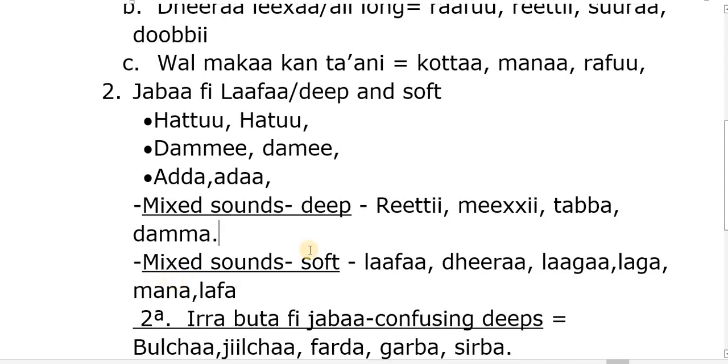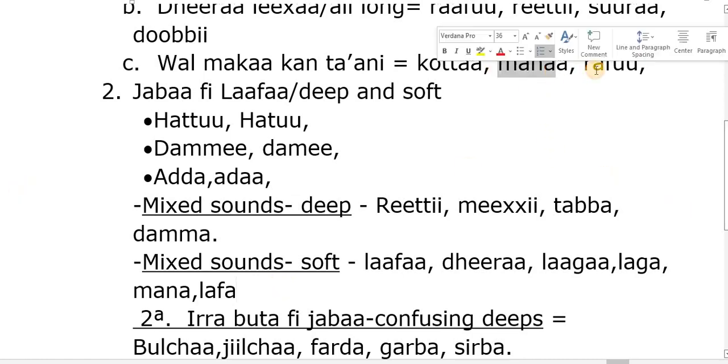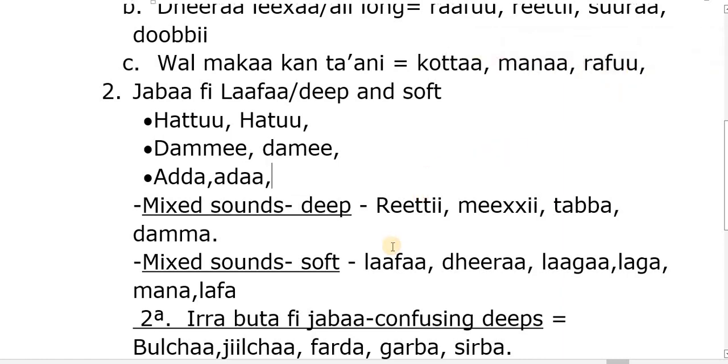The other mix are for the softest, as you can see, both soft and long, both soft and long, but also we have soft short, and we can have mixed of short and long as we have seen here. So could be mixed with long, short, deep, and soft, like here, for example.